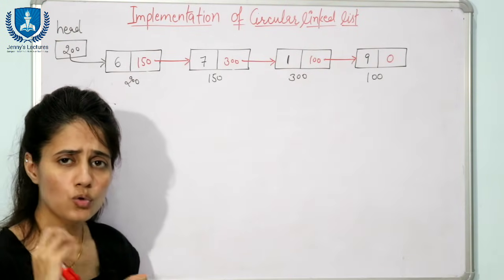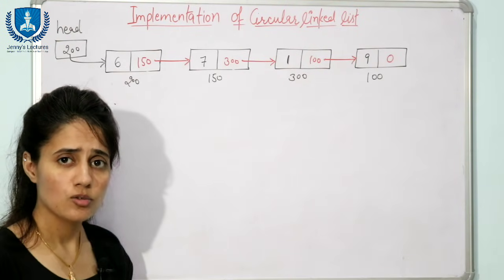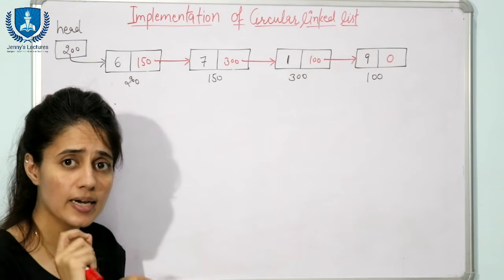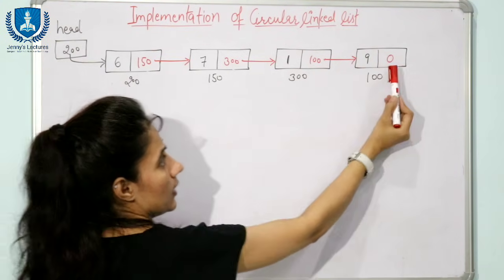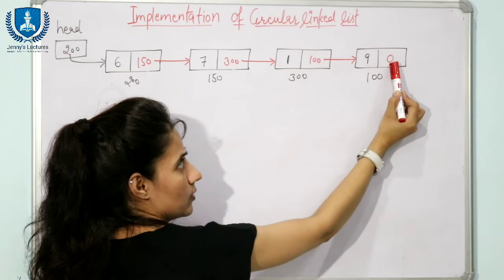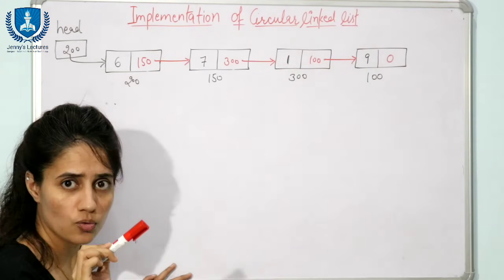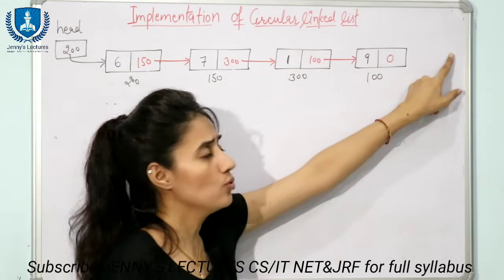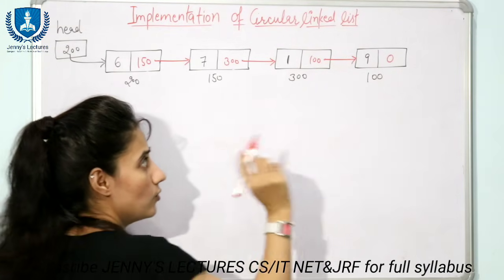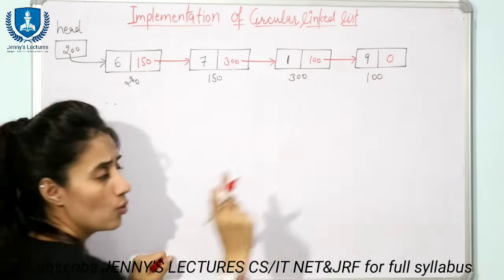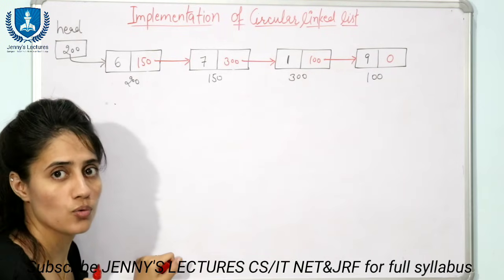Now, to make it a circular linked list, you just have to change it a little bit. And what is that change? In the last node, the pointer is containing 0, null. It means it is not pointing to any node. To make it a circular list, here we will store the address of the first node.